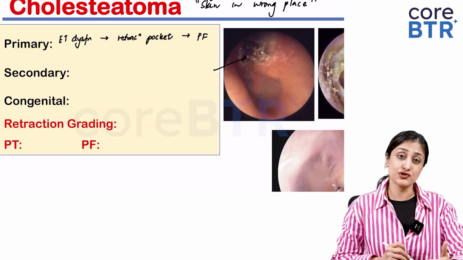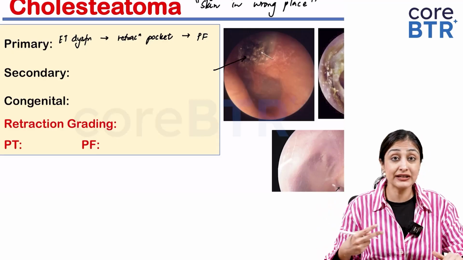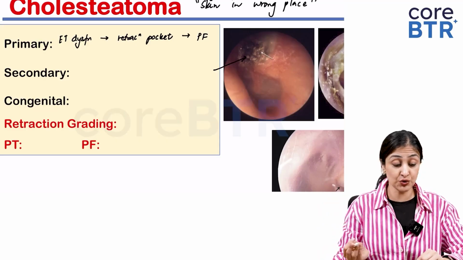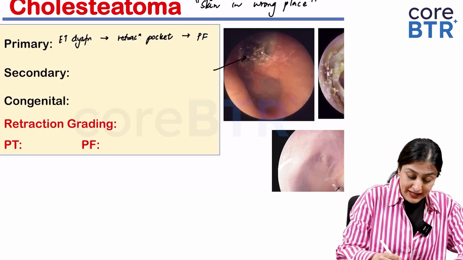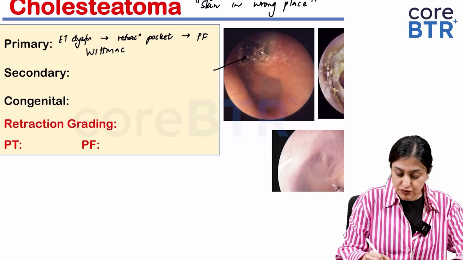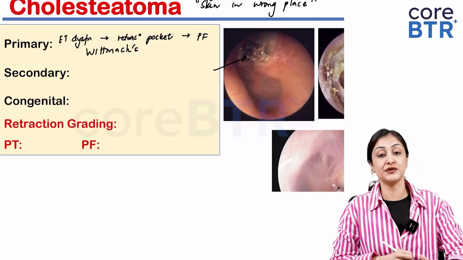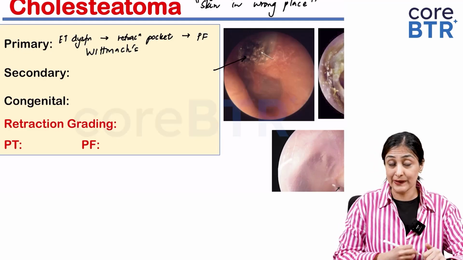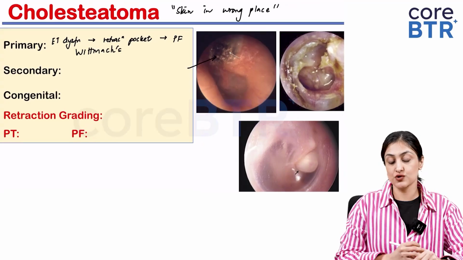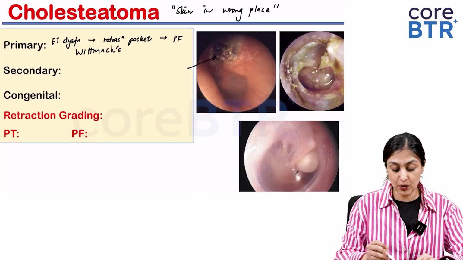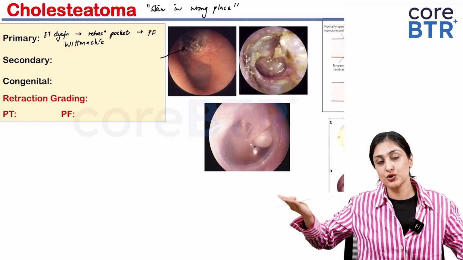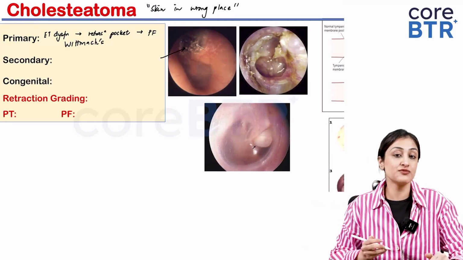All of these cholesteatomas have a theory which people have given, which I am teaching you. So who gave this theory of primary? It is Whitmack. Okay, so Whitmack has given this theory of primary cholesteatoma. Then we have secondary cholesteatoma. As the name suggests, now there is a perforation. You have a clear path for the epithelium to enter, right?